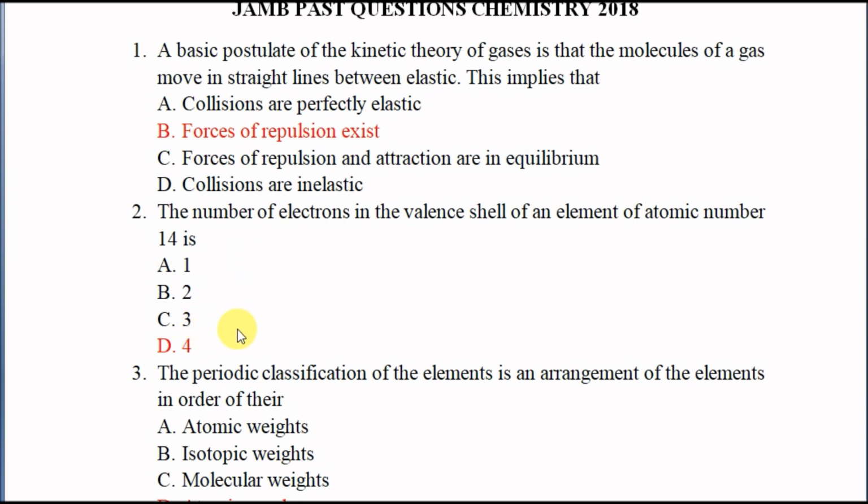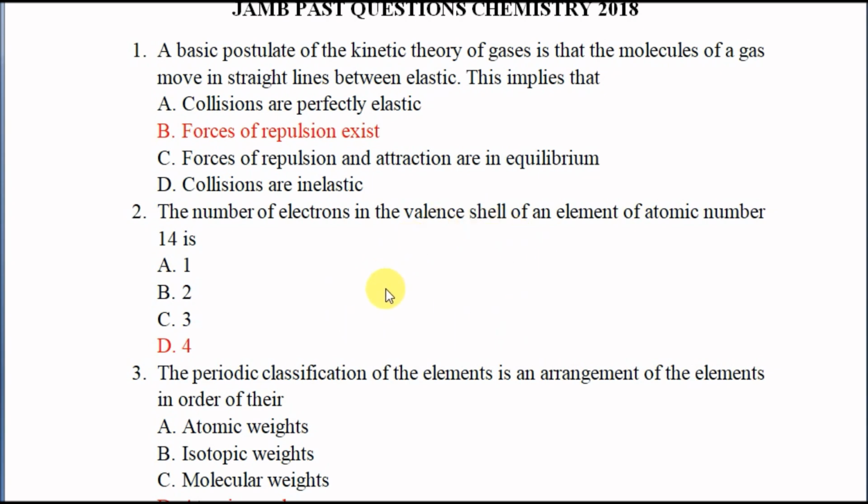Because if you want to draw the electrons in the valence shell, the first shell will have 2 electrons, so there will be 12 remaining out of the 14.